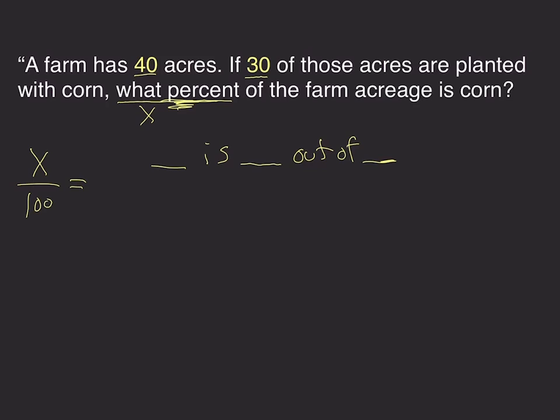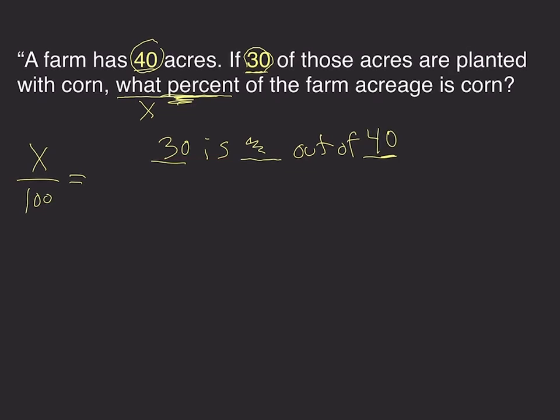Well, we're looking at the 30. 30 is the part. We're going to write 30 here. This is where the percent stuff goes, so don't worry about that. 30 out of, this is of the 40 total. So I know I put a 40 there. Now I know I put the 30 over the 40 because 30 was before the word is and 40 was after the word of.